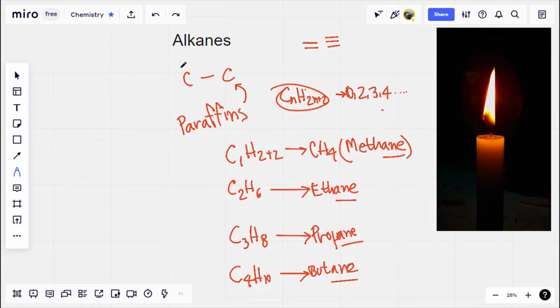Even though I said that alkanes do not react, they are called paraffins, there are still some reactions of it, like chlorination.